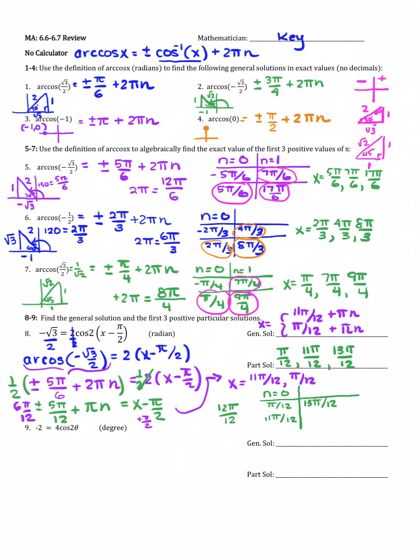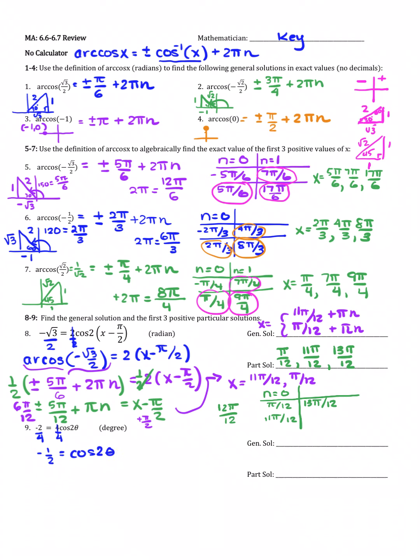Now this last one, we're going to do it in degree mode. And on the test, I will allow you to do whichever mode you want, but just be consistent. So if you're going to do degrees, you're adding 360n. If you're doing radians, you're adding 2 pi. So first thing I did was divide by 4, and so that's a negative 1/2.